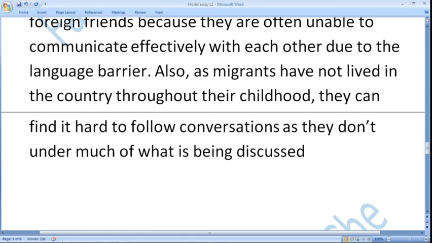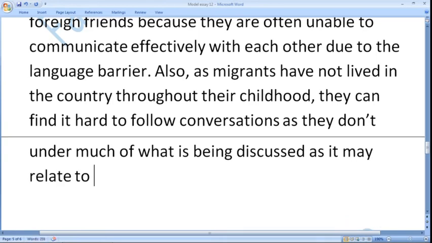Why? As it may relate to local culture. Also, as migrants have not lived in the country throughout their childhood, they can find it hard to follow conversations as they don't understand much.